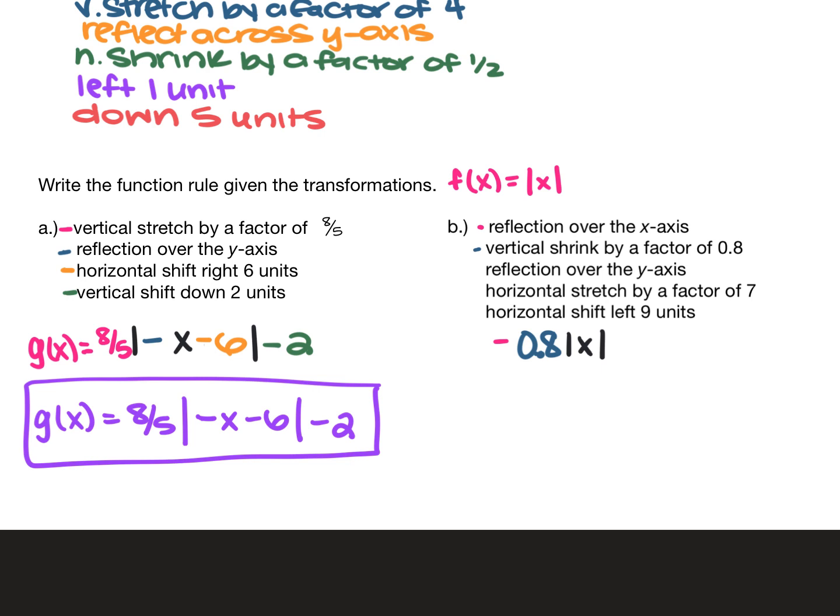Next, we are reflecting over the y-axis. So that negative is going to go in front of the x inside the absolute value. So that's going to turn into the opposite of x.